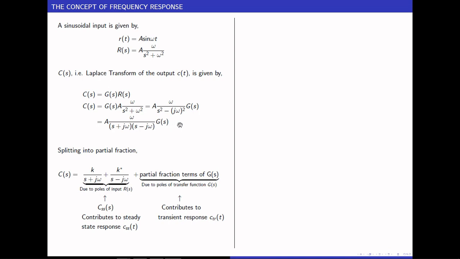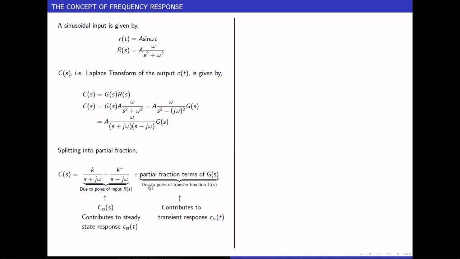Therefore, there will be some partial fraction terms associated with G of s. These are simple factors, s plus j omega and s minus j omega, and therefore they can be resolved into partial fractions like this. Again, G of s will also have some partial fraction terms.